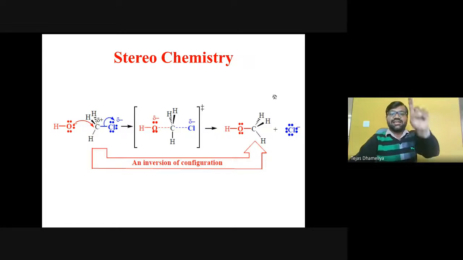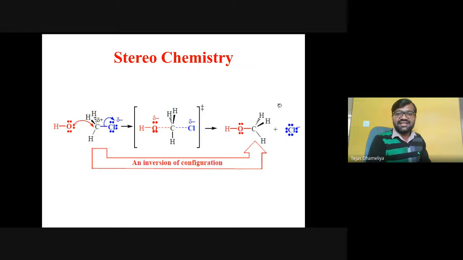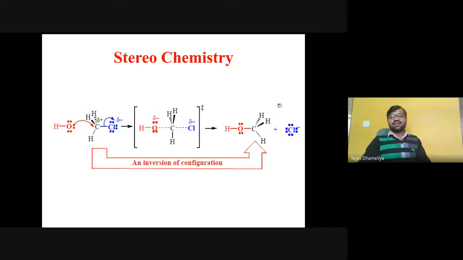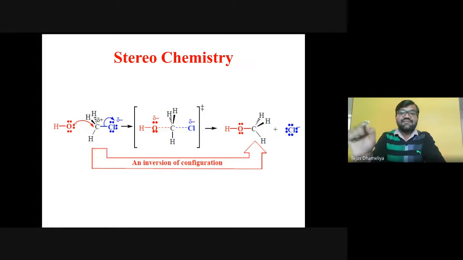This is what is called umbrella inversion. It was first identified by a scientist whose name is Paul Walden. So from his name, this inversion is also termed as Walden inversion, or umbrella inversion.